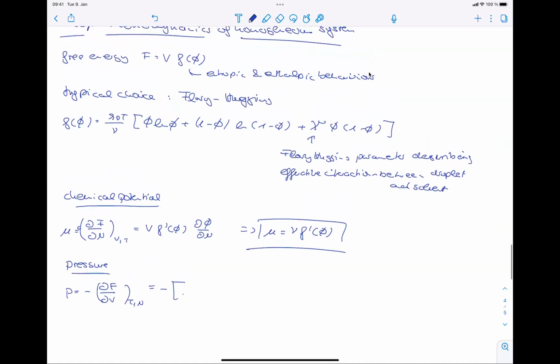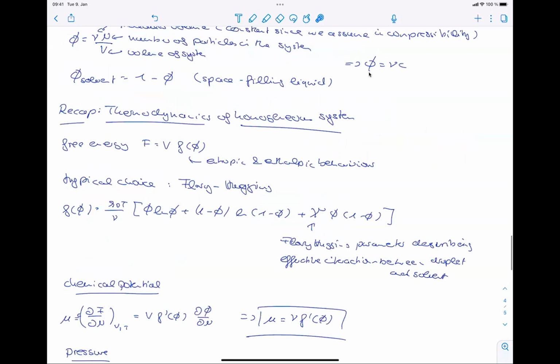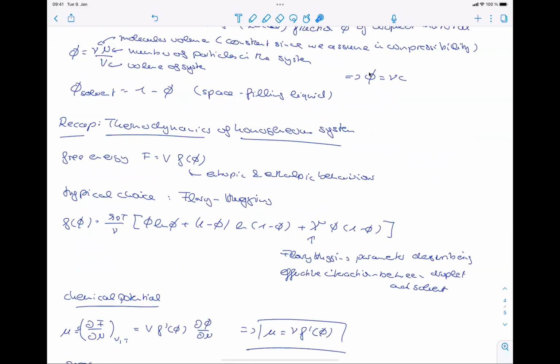So we're taking this derivative with respect to V. So the first derivative is just f, the free energy per monomer. And then the second term is V times f prime, and taking the derivative with respect to the volume fraction, which also has the volume in it.